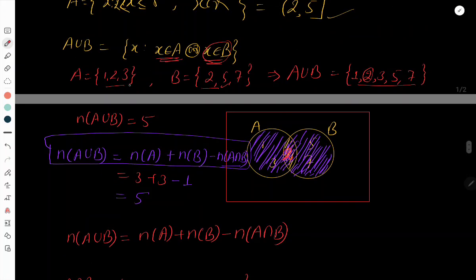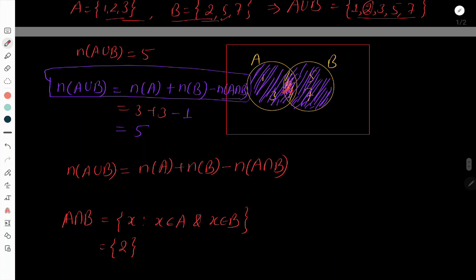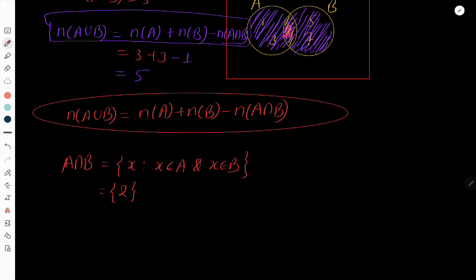So from here, if I want to write A intersection B, you will have only 2. In the Venn diagram also you can see 2 is only in the intersection, in both. So this formula will work for both union and intersection. If union is given, then you can find the intersection, and if A, B and intersection are given, then you can find the union if the sets are given.